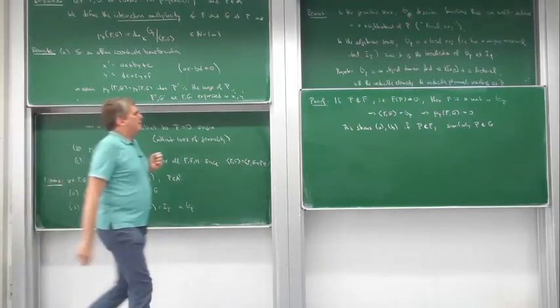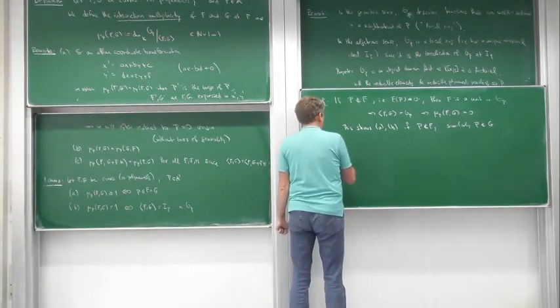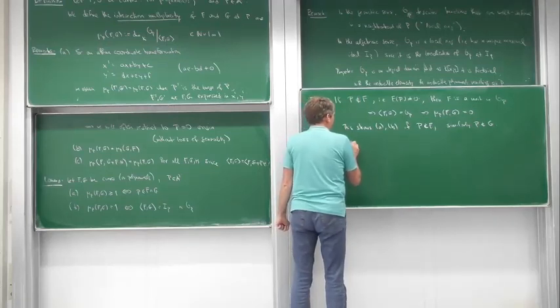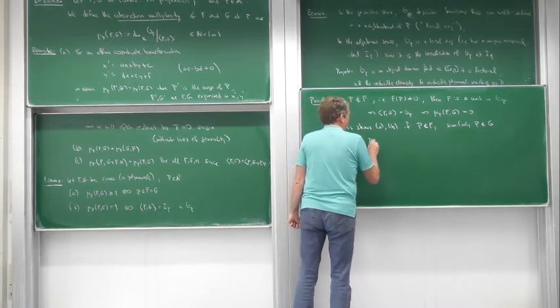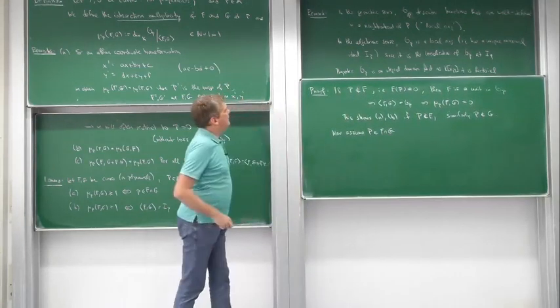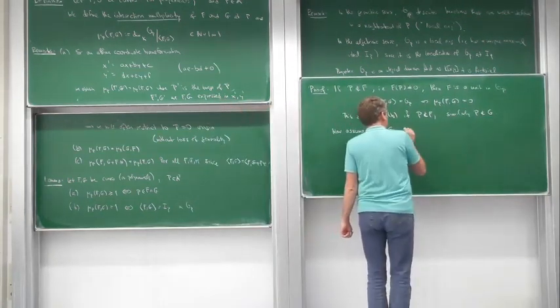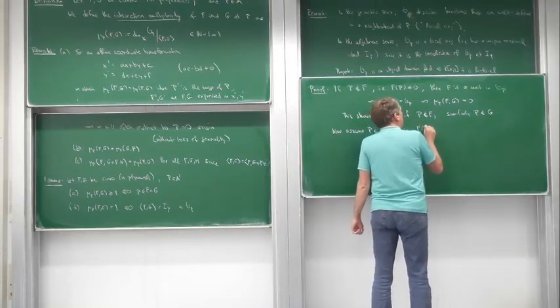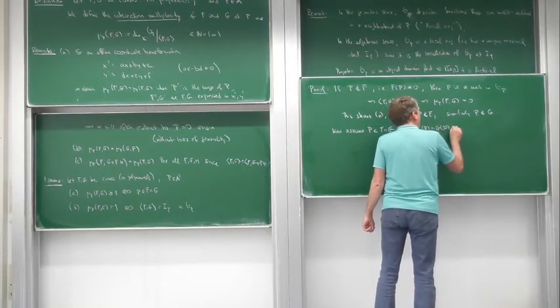So let's assume it is on both. Now assume P is in the intersection of F and G. That means both of them vanish at the point, right, F of P and G of P are both 0.